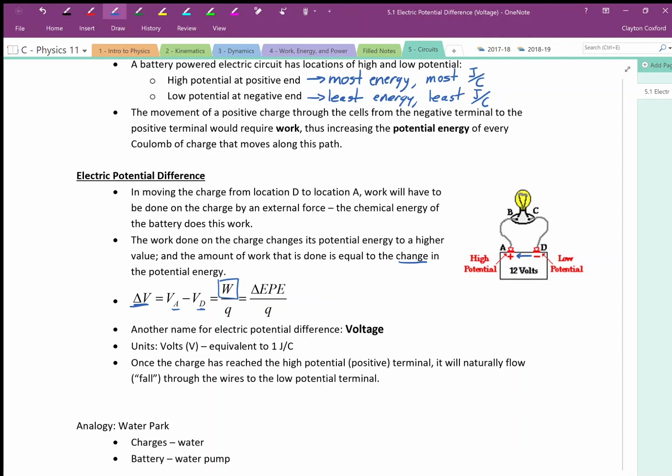When we lift a charge to the positive terminal of a battery, then we can let the charge flow, fall through the wires to the low potential terminal, and in doing so, it will flow through the circuit, through some circuit elements such as a light bulb in this example, and use its potential energy to power those circuit elements, right?